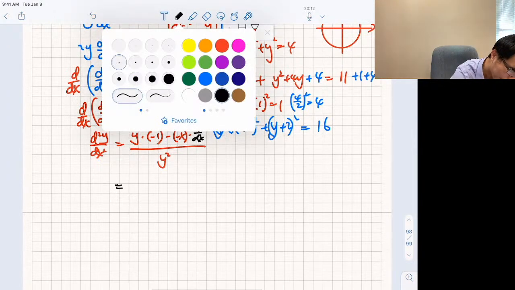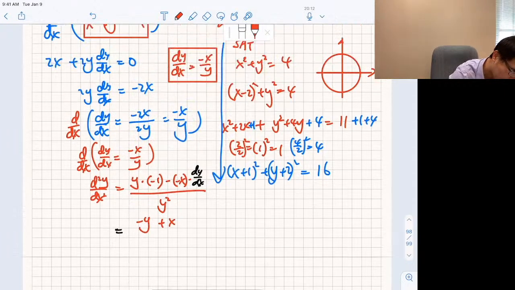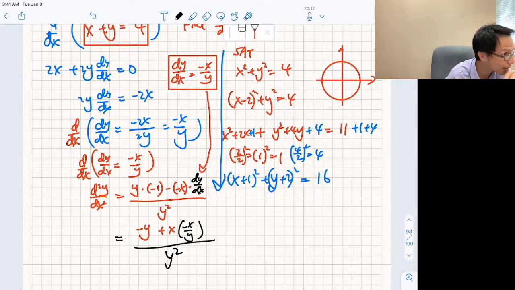So I have negative y plus x times dy/dx. We're going to use the first box here. So that is going to give you negative x over y, all over y squared. Does that make sense? Low d high minus high d low over low.